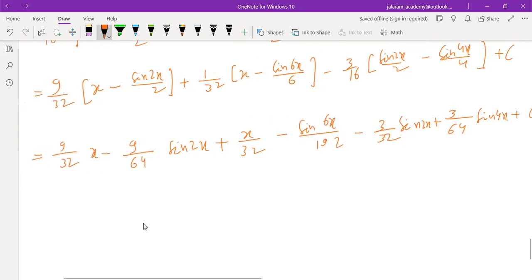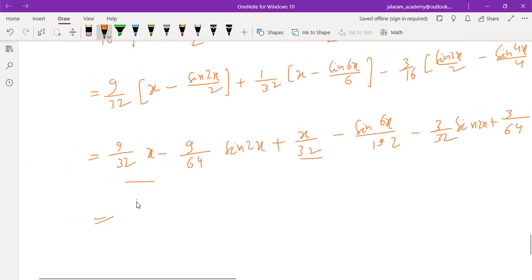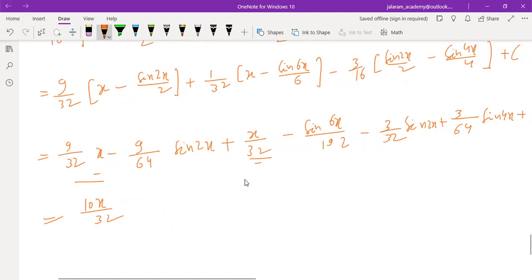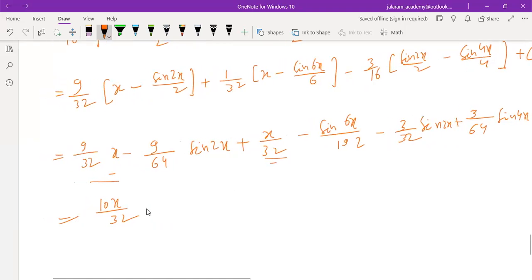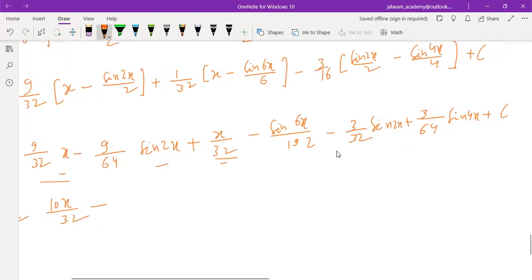sin 4x plus c. So 9 by 32 x plus x by 32 is 10x by 32. Then minus sin 2x.